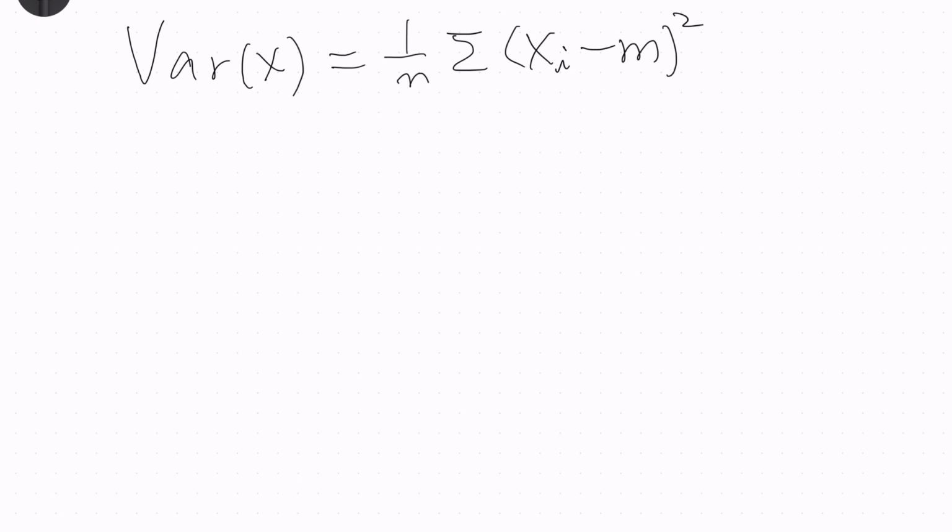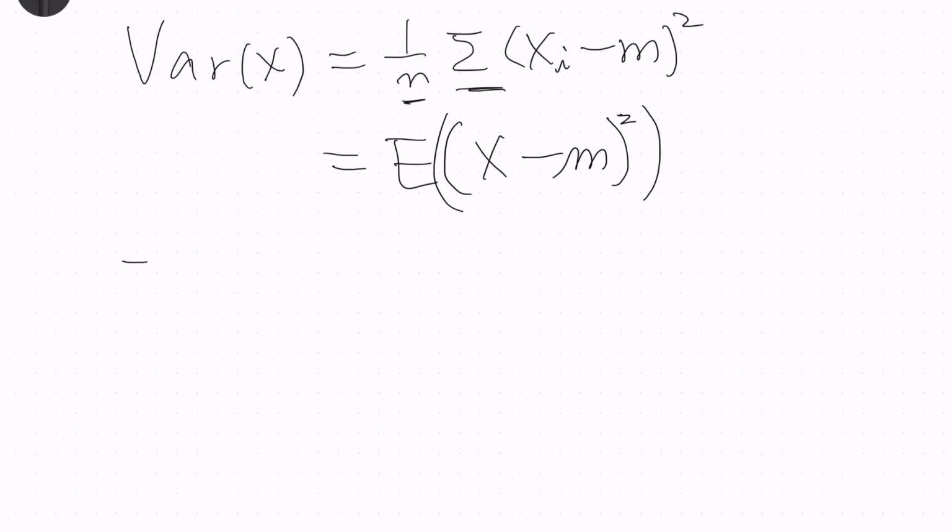And again, the summation and divide by n is the same as taking an expectation. So this is just the expectation of xi. So now it's not 1, 2, 3. I can just simply put x minus m, which is the mean, squared.